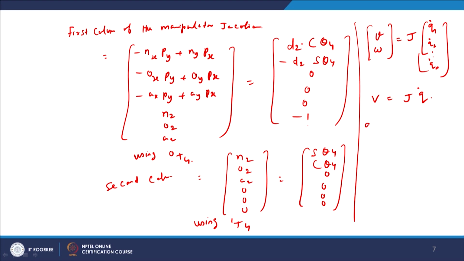Now, we can calculate q dot. If J is a square matrix, then we can take the inverse of J. But normally, in this example, it is a 6 cross 4 matrix. So, in general it is a 6 cross n matrix. So, we may not get an inverse of J generally, but we can get the pseudo inverse of the non-square matrix.